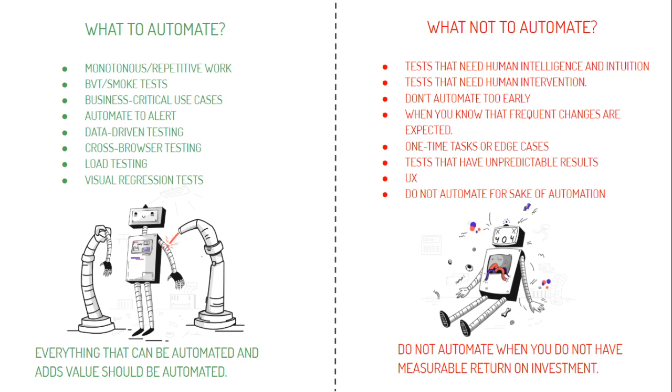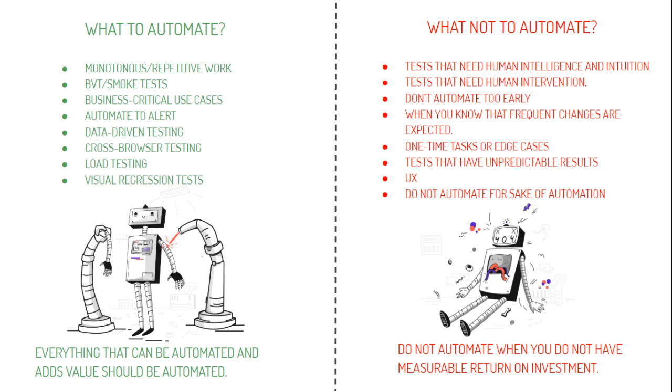And you should also have automated alerts in case of failures. Whenever a test case fails or something wrong happens in production, you need to automate alerting. And if you want to test a test case with many different types of data, maybe from Excel or any other file, such a thing can also be automated, which we call data-driven testing.